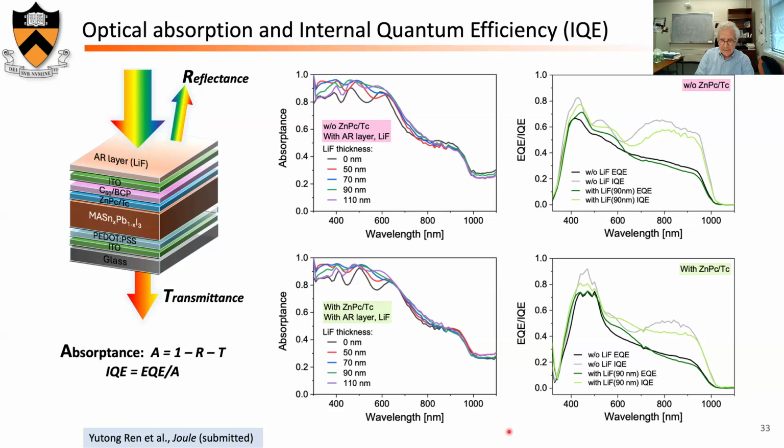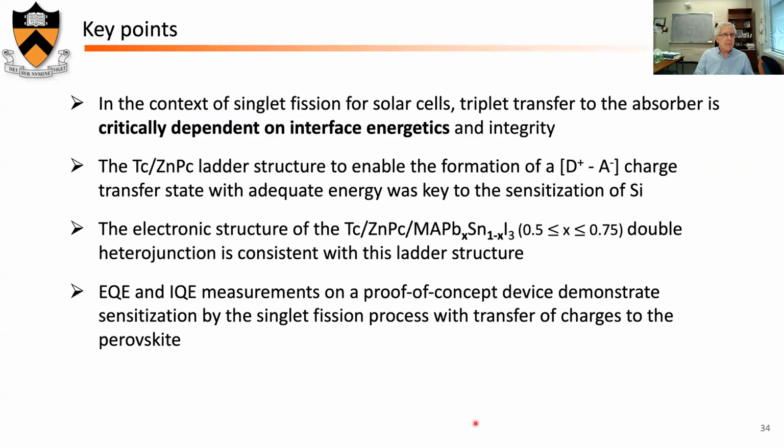I think I am just out of time, and I wanted to again pass the message that is in a sense the new message that came out of the silicon and this perovskite work: the process of triplet transfer to the absorber is really critically dependent on the interface energetics.